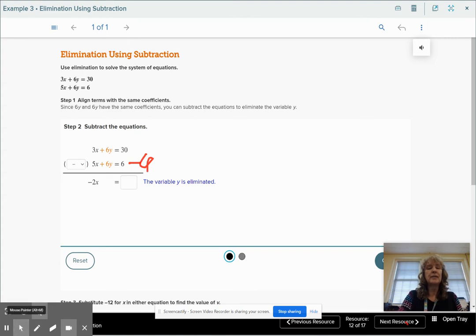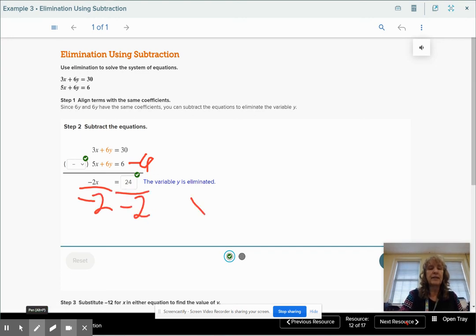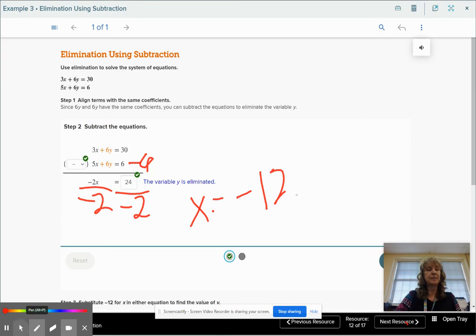So 30 minus 6 is 24. Let's go ahead and check our answers, which is correct. And then, of course, you would divide both sides by -2. So x equals -12. So now we know what x is.